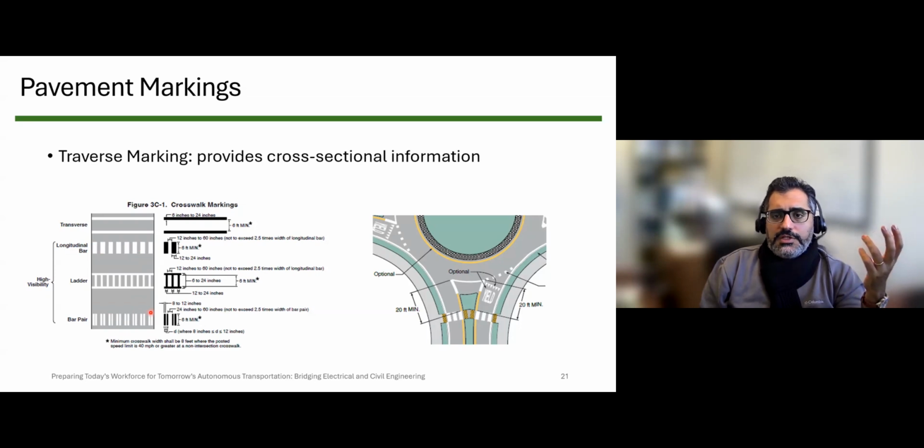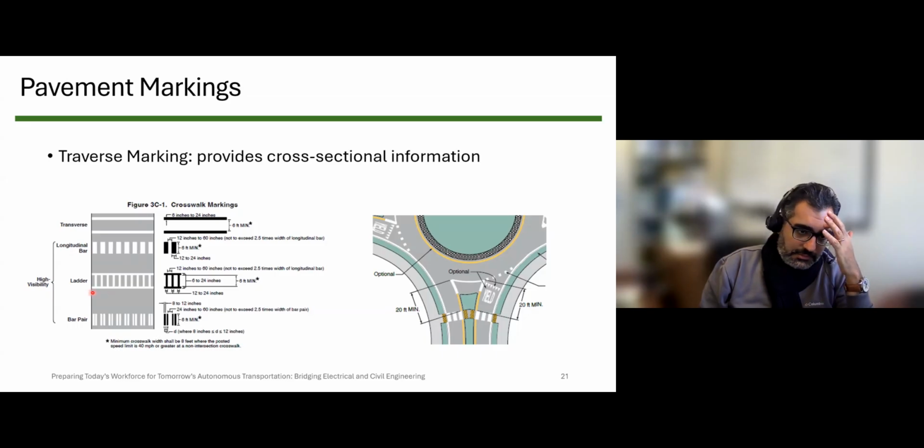Another important cross-sectional marking is the stop line. Usually before we reach these crossings, there is a stop line, perpendicular, cross-sectional, to show where the vehicles must stop. So we clear a buffer here. That is mostly important if you have large trucks predominantly on the roadway.